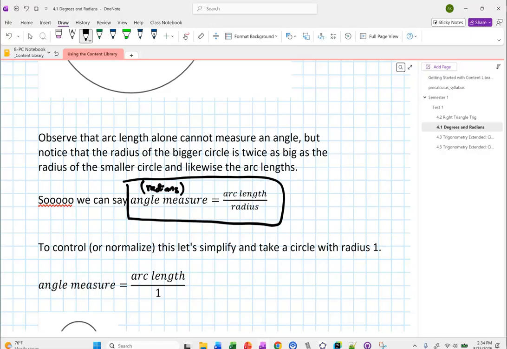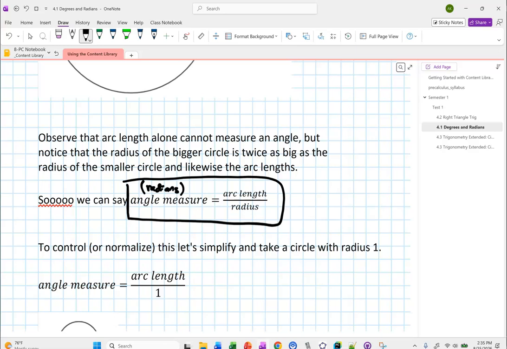Okay, perfect. Now that I have a way to relate my angle measure to arc length and radius, I can calculate an angle measure in radians for an angle measure in degrees that I already know, and use those to figure out a conversion factor.